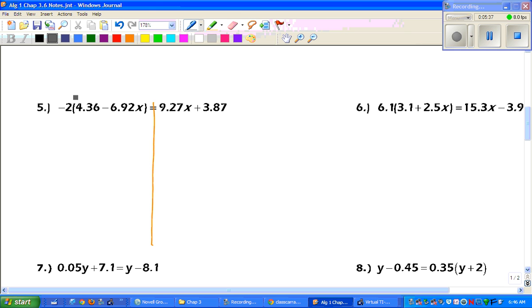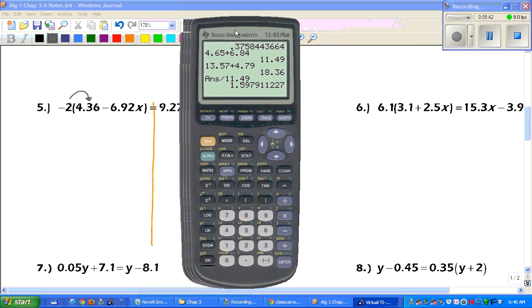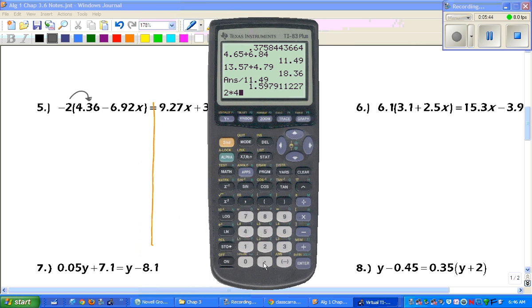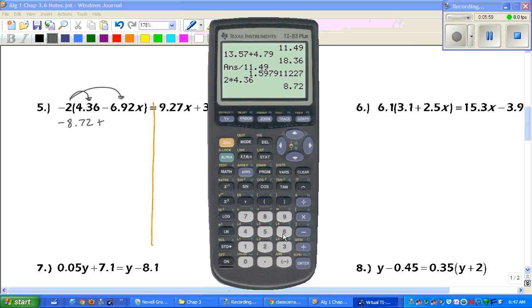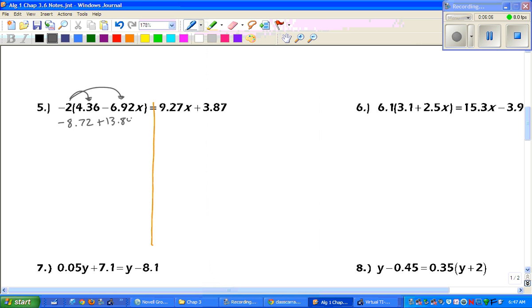Okay? So what we're going to do first is we have to distribute. So we have 2 times 4.36, and that's 8.72, and it's going to be a negative 8.72. A negative times a negative is a positive. So 6.92 times 2 equals 13.84x, and nothing over here changed.